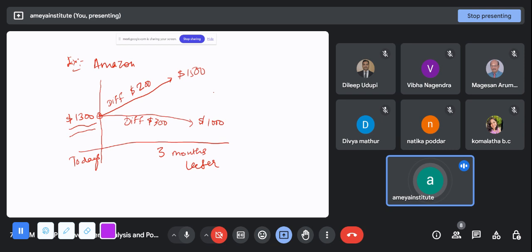Now from this chart, what we can see, expected, because it's just an expectation that it may go up or it may go down, the expected decrease from $1,300 to 1,000 is a difference of 300, which is more than the expected increase. Correct?